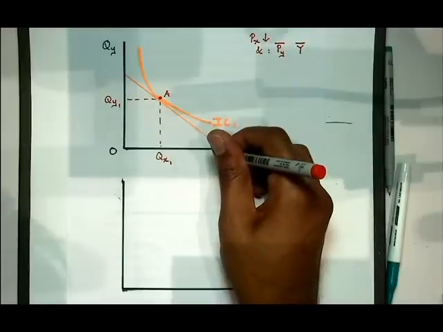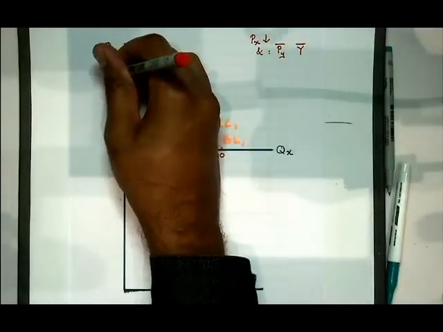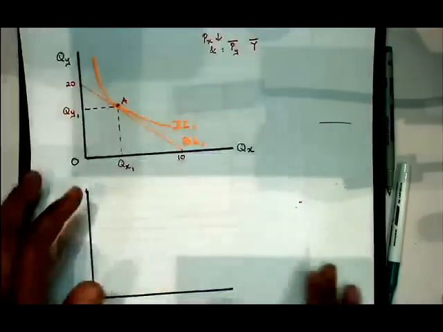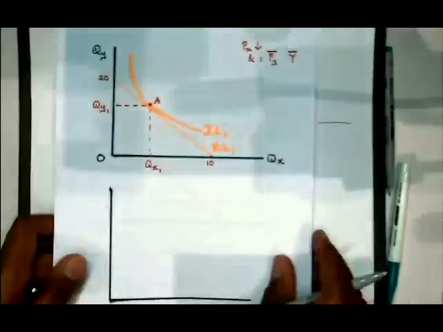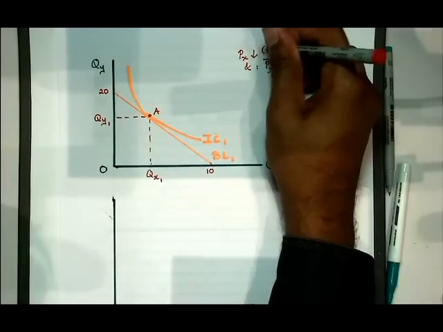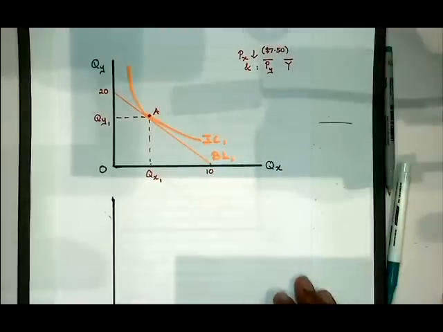So before your $100 could buy 10 burgers, and before your $100 could buy 20 slices of pizza. If the price of X falls to $7.50, how many burgers could you buy?